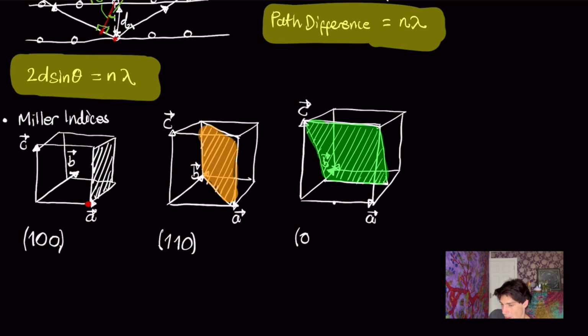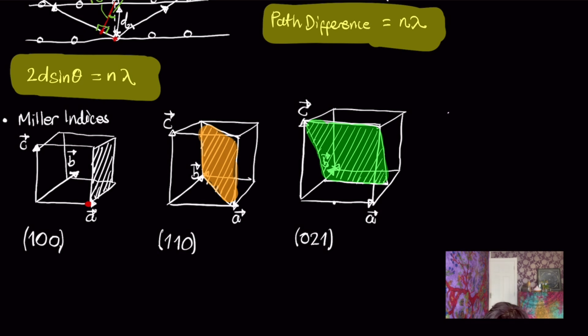And because it intercepts halfway along, we take the inverse of a half. What do we get? We get 2. So 2 is our second Miller index. And what about C? For the C vector, it intercepts all the way along, 100% of the way along. 1 over 1 is 1. So this Miller index is going to be 0, 2, 1.